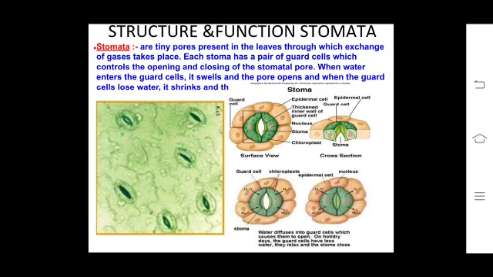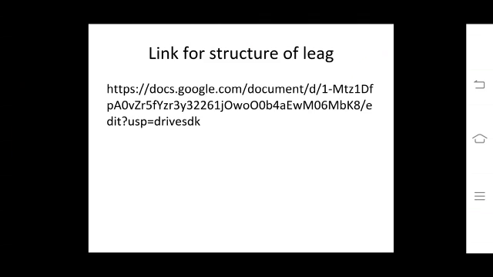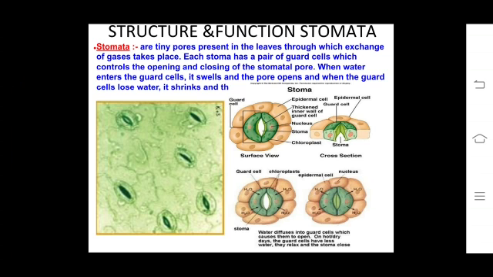Then you can see the impressions of the guard cells, the stomata, as seen in this first image. When you peel that nail paint, you can see small pores, that is, stomatal structures.